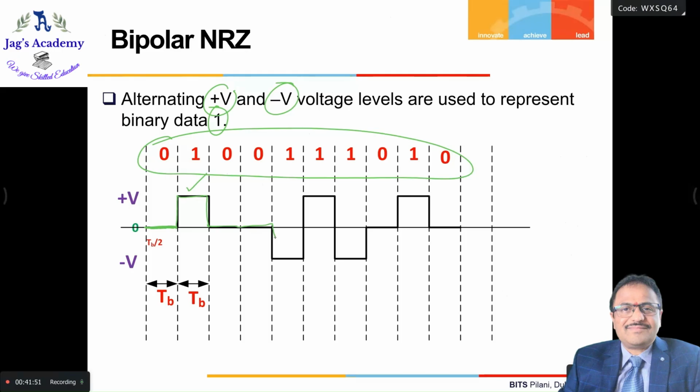Minus V. The next one which you get will be minus V. Similarly, next one, alternating plus V and minus V. See, next one is plus V. Next one is minus V. Similarly, 0 is now ground. 1 is, see, because previously it is minus V, this will be plus V, and it goes on like this.